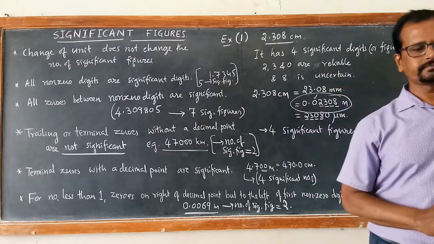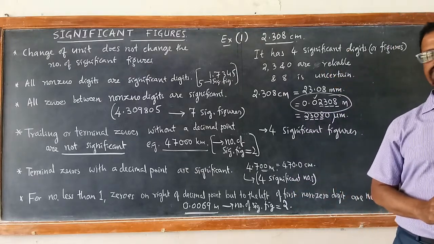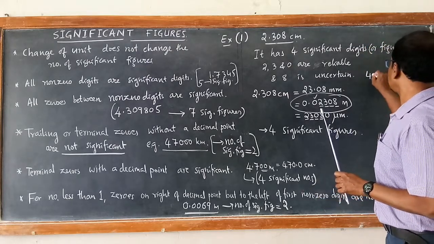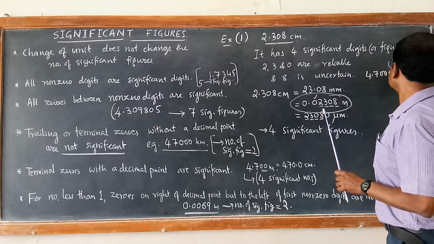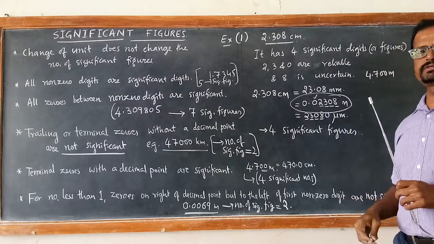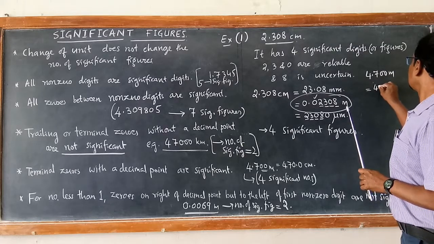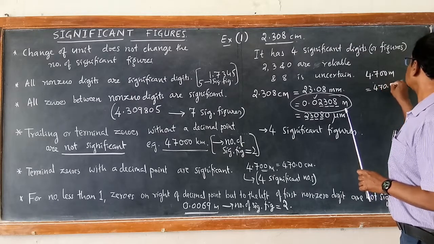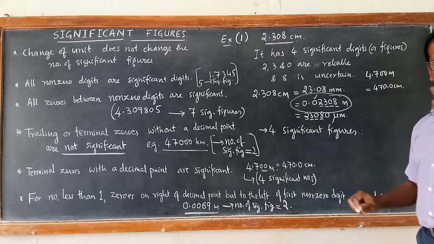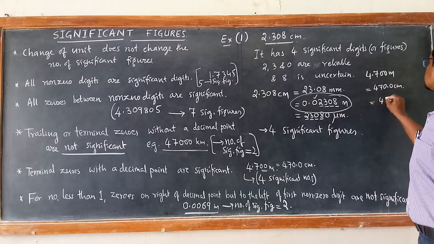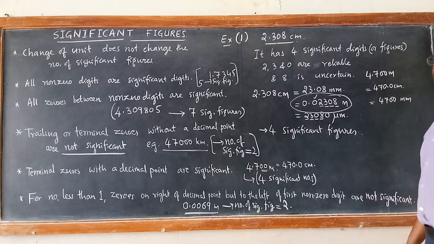Then there will be a confusion. For example, if I write 4.700 meter, I can express this as 470.0 centimeter. I can also express this as 4700 millimeter.